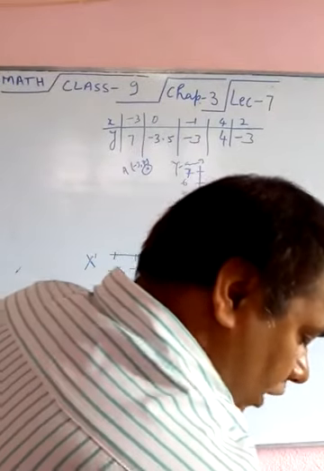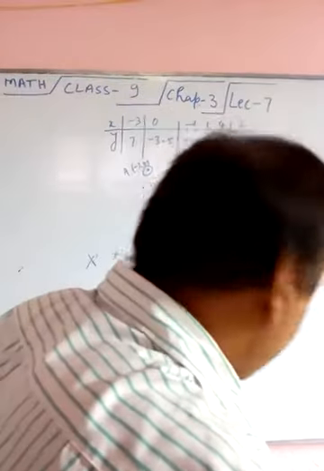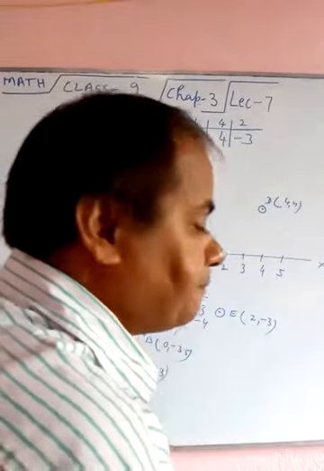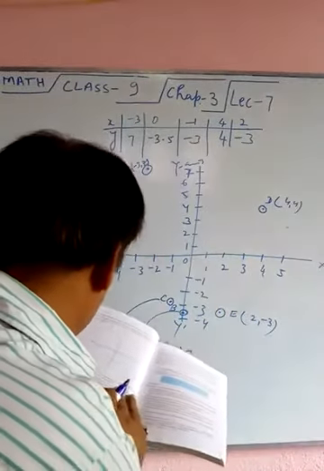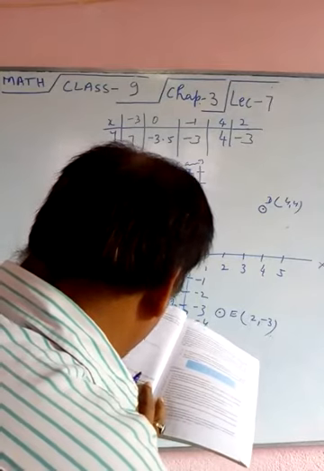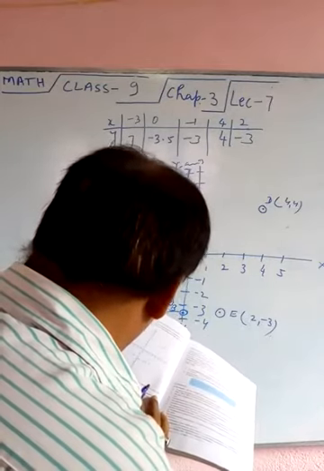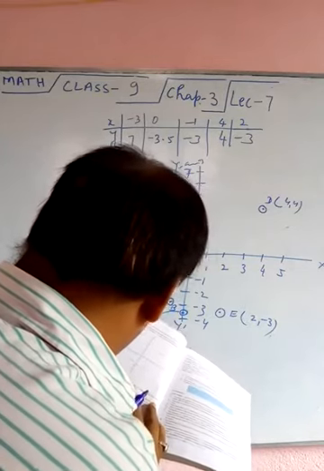See figure 3.17. Next topic is activity number 2. A game for 2 persons. Requirements: 2 counters or coins, graph paper, 2 dice of different colors, say red and green.